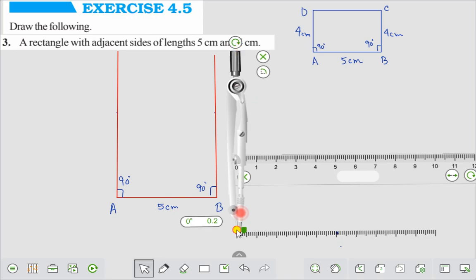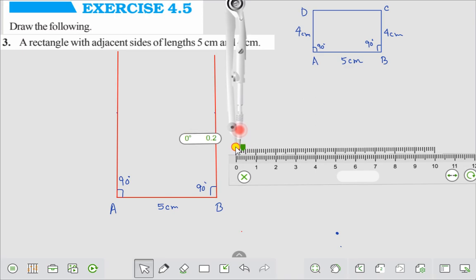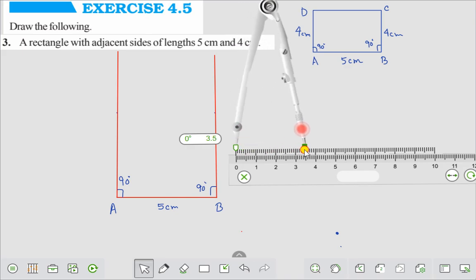Let us take this pointer at 0 point and make an arc of 4 centimeter. You see, this is 4 centimeter, exactly 4.